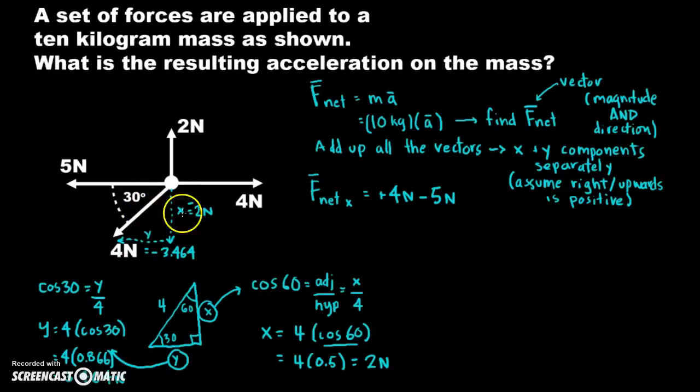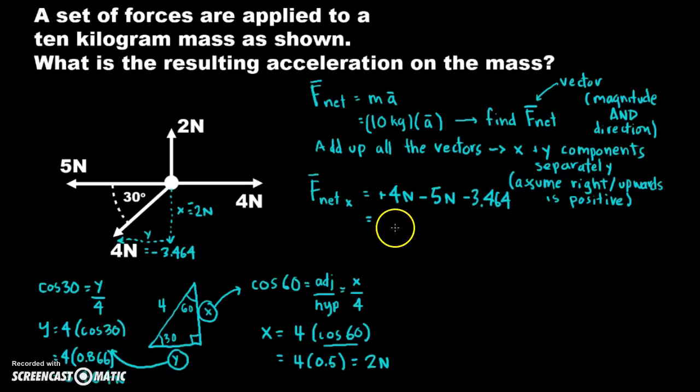So I don't have to look at the 4 anymore, I have to look at the negative 2 and the negative 3.464. Now when I look at my net x force, I have to include this y component here. So I'm going to say minus 3.464.